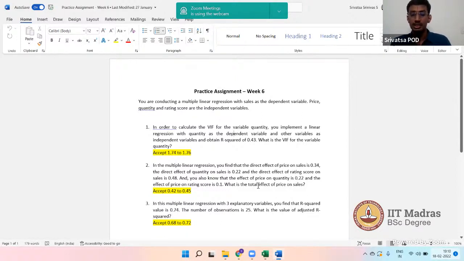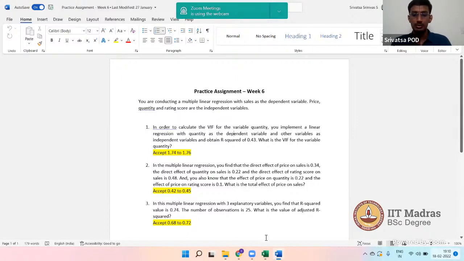Additional information is given: the effect of price on quantity is 0.22 and the effect of price on rating score is 0.1. The question is to find the total effect of price on sales.